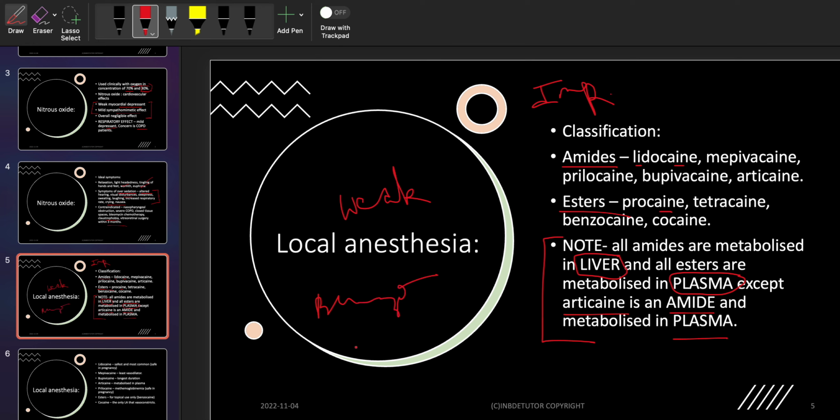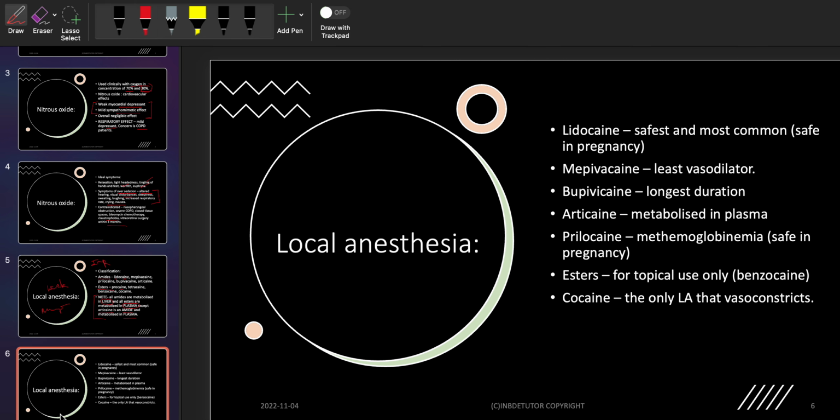Now let's go ahead to our next slide. I made this slide with all the important points. Questions do come from this slide. Lidocaine, again a very important point, is the most common local anesthetic that we use in dental clinics.